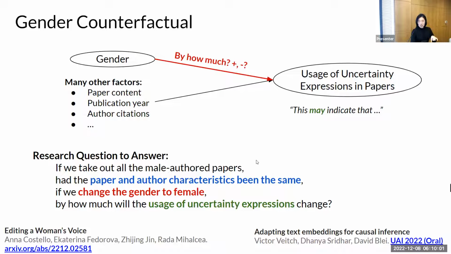And then the question, if we form it counterfactually, becomes: if we take all the originally male-authored papers, had the paper and author's characteristics been exactly the same, if we change the gender to female, how much will the target attribute change? We have some explorations in the following papers, but I also welcome you to take this as a take-home thinking exercise. Here we have an NLP modeling problem as we take in the text as input.